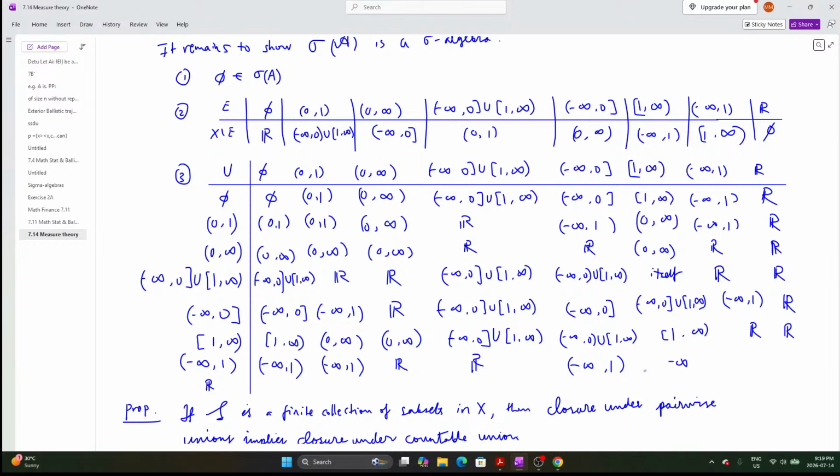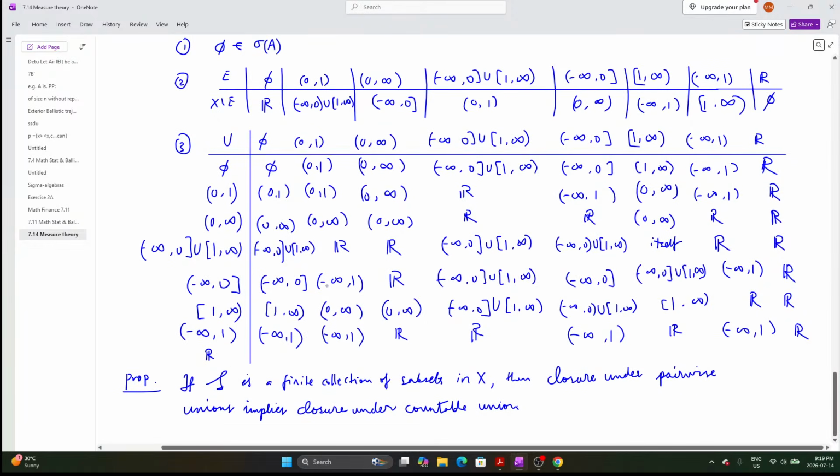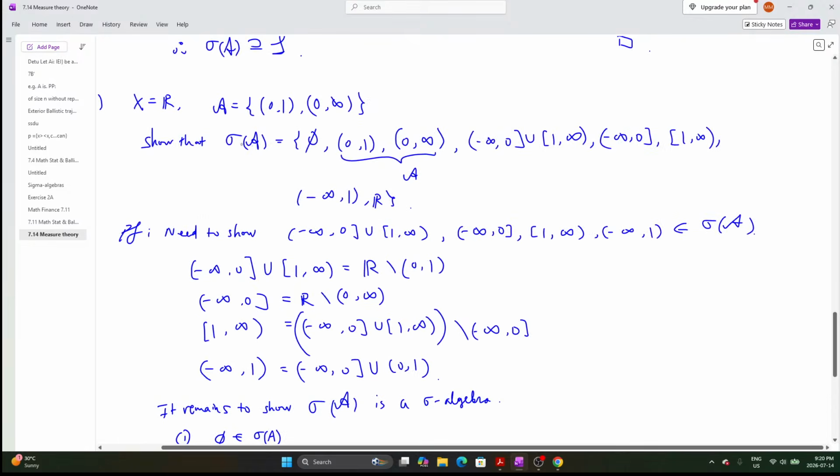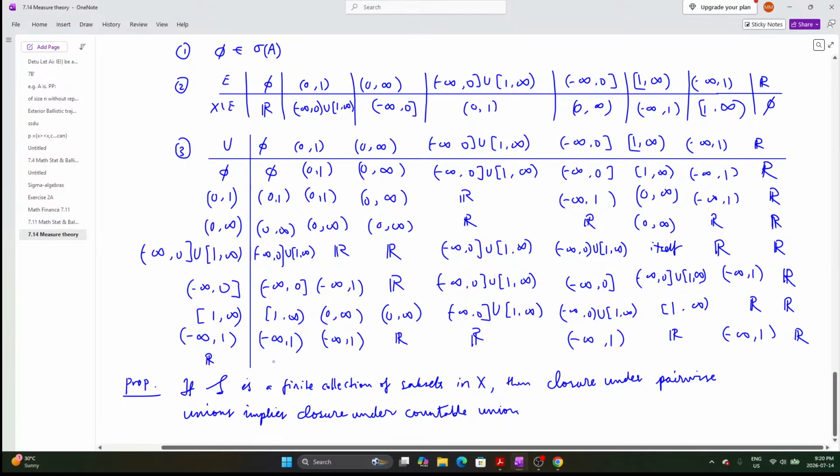Oh, actually, you know what? Oh, this is R. This is R. No, minus infinity to 1. Finally, R. So the point is, in this gigantic table, every set as an outcome of the union is in this set. Okay. R. Okay, the last row is super easy. Everything is R.